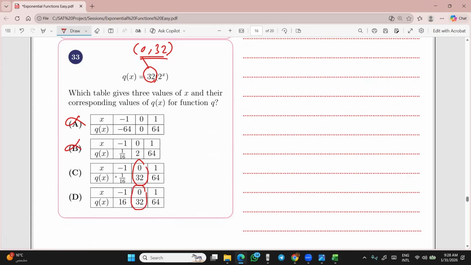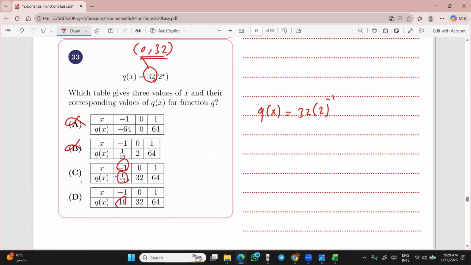But after that, how can we differentiate between C and D? Of course, we cannot try 1 because 1 gives you 64 in both. So try to use -1 instead of x. So here we can write q of x is equal to 32 times 2 to the power of -1. Replace x with -1. If the answer is 1 over 16, choose this.